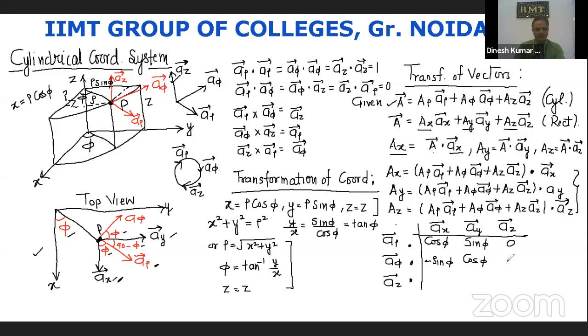Again, the angle between a phi and az is 90 degrees, so it is 0. Az and ax, obviously the angle between them is 90 degrees, cos 90 is 0. Az and ay, it is again 0. Az and az, the angle between them is 0, they are parallel, so cos 0 is 1. So now all the 9 dot products between the unit vectors of different coordinate systems are known to us. So we can easily find out the component ax, component ay and component az.